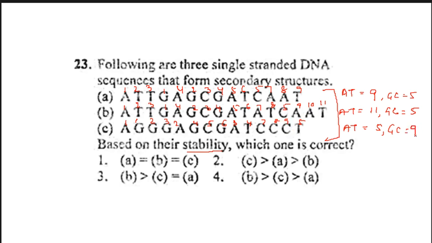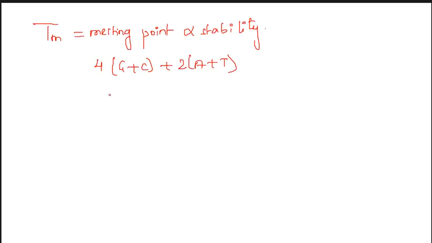Now we are going to find the Tm for each of these strands. For number 1, it was 9 AT and 5 GC. For number 2, it was 11 AT and 5 GC. For number 3, it was 5 AT and 9 GC. How to find the Tm?